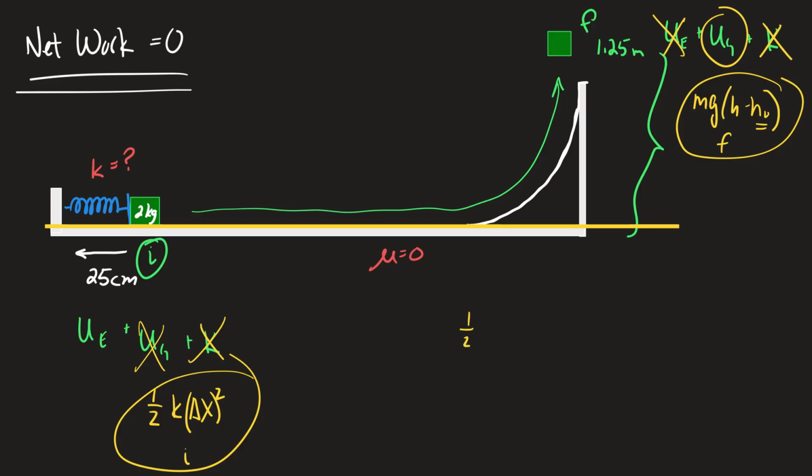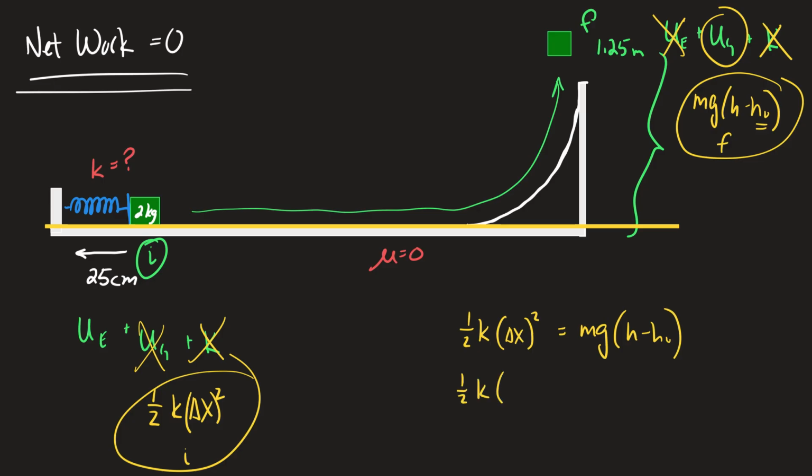So 1/2 k delta x squared equals mg(h minus h naught). You do notice in this one, m is not going to cancel out, right? I do not have an m in every term. So that happens. So we'll do 1/2 k.